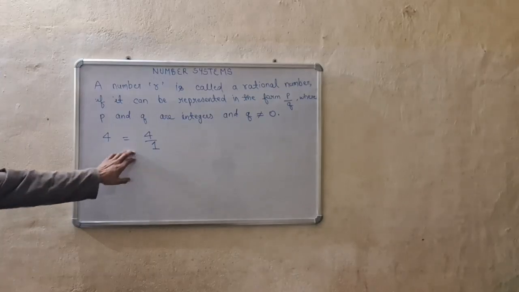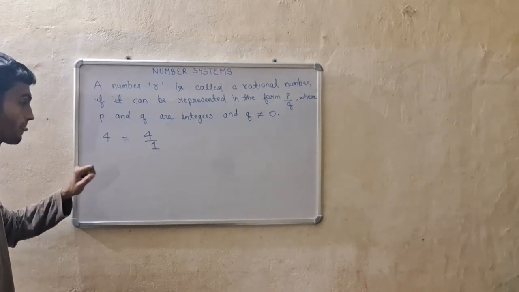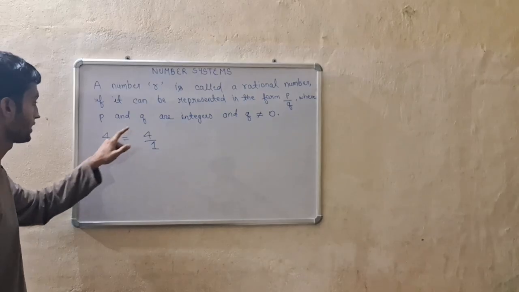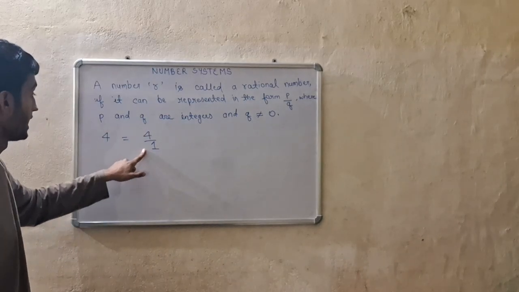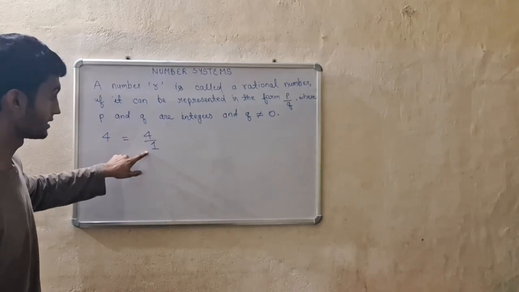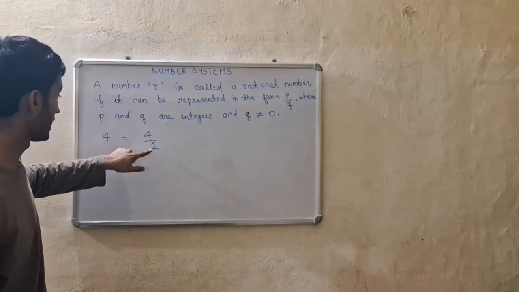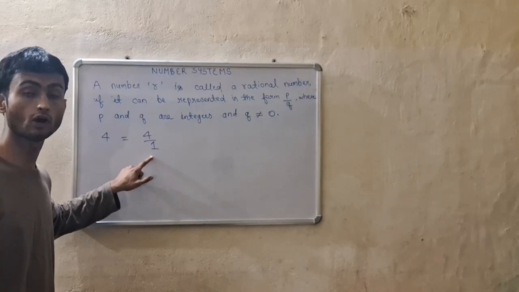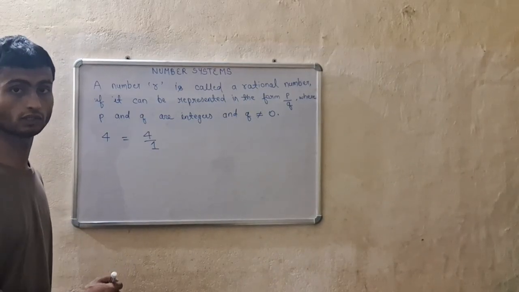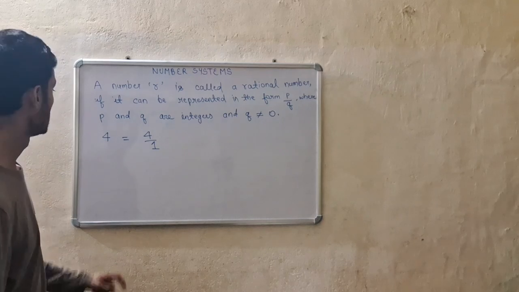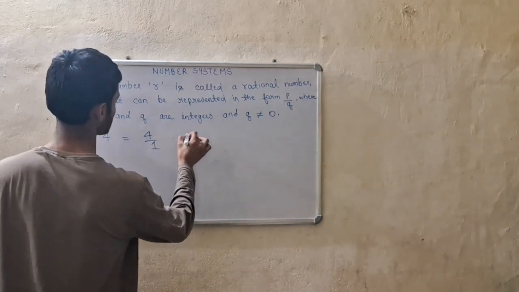So 4 equals 4 upon 1, which evaluates to 4. Now, this 4 has been represented in the form P upon Q, where P and Q are integers, and in the denominator we do not have 0. And these are the two conditions. If they are fulfilled, the number becomes a rational number. So 4 is a rational number.